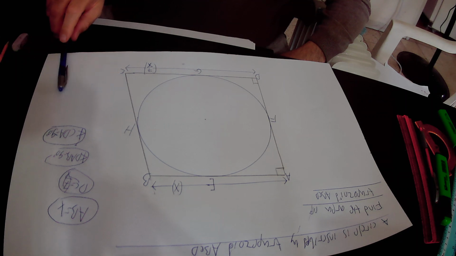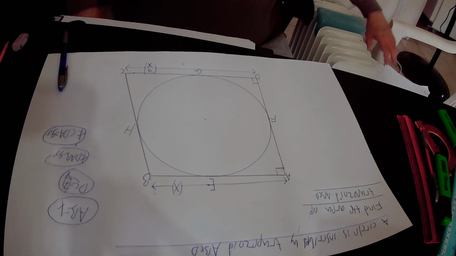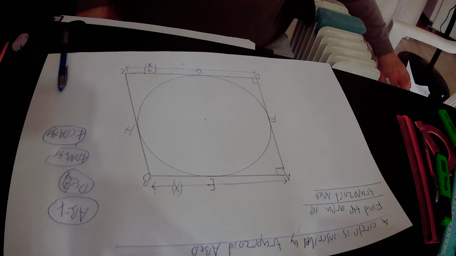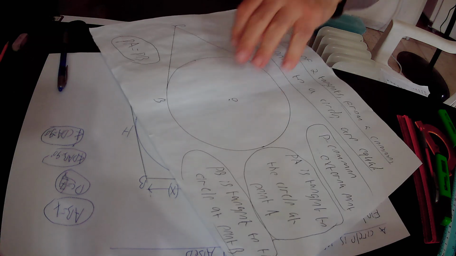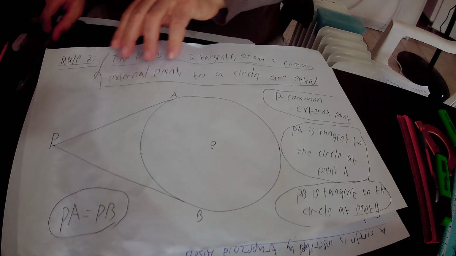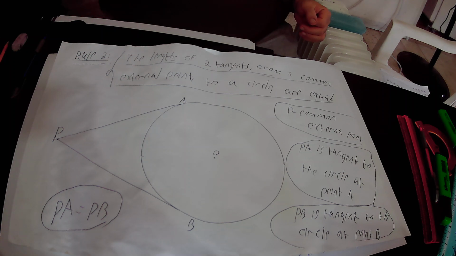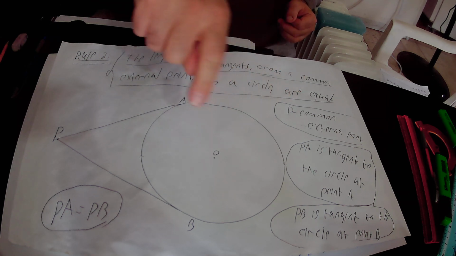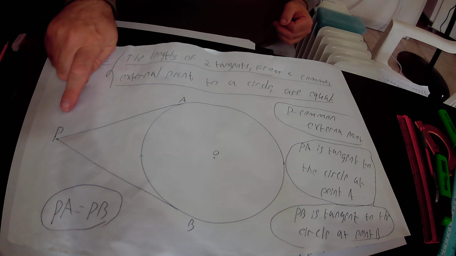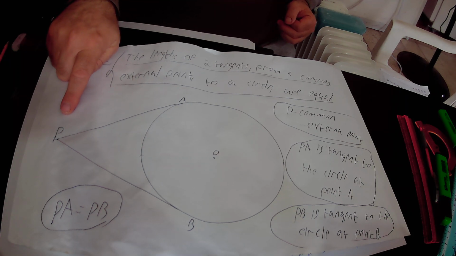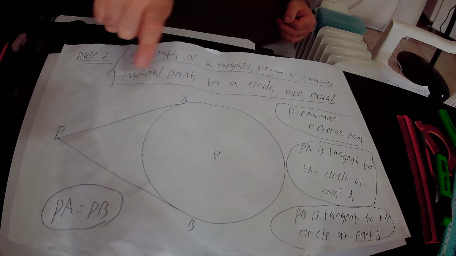So here we can implement rule 2. We'll repeat quickly on rule 2. According to rule 2, the lengths of two tangents from a common external point to a circle are equal. So in the drawing we have this circle, and this is a common external point, point P. From this common external point P, we have two tangents to this circle, tangent PA and tangent PB.